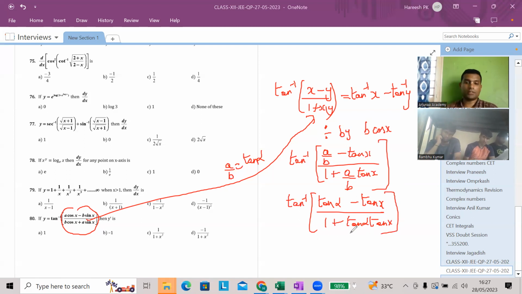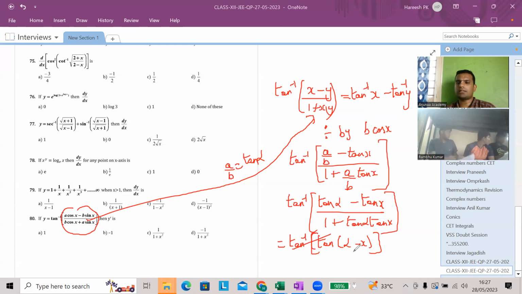What is the simplification? Tan of alpha minus x. Only alpha minus x remains. Alpha is a constant, right? Alpha is what? Constant, because a and b are constant.